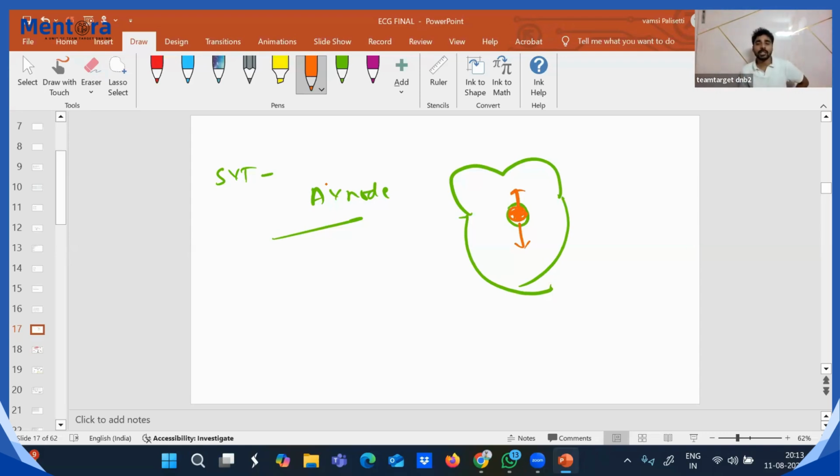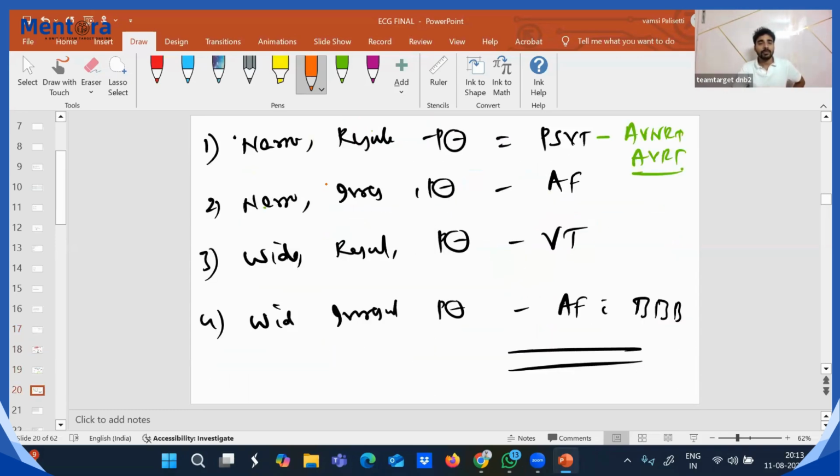So as you see in the case of AV nodal re-entry tachycardia or AVRT, the AV node is the pacemaker, sending impulses both to atria and ventricle at the same time. So both are contracting at the same time, and that is why you cannot see the P wave separately. It will be submerged in the QRS complex. That's why we always say P wave is absent in the case of PSVT or SVT. That's what we mentioned here. If narrow complex, regular, P wave absent, it is PSVT, AVNRT or AVRT. Right?